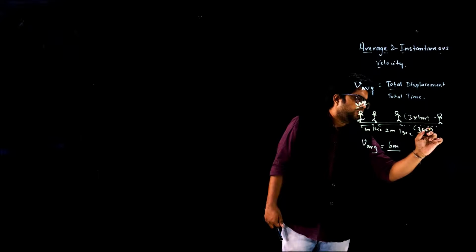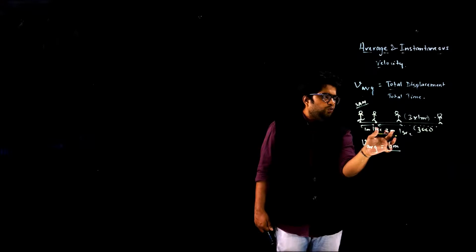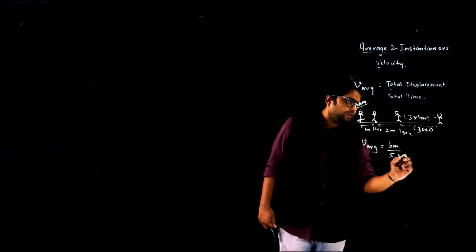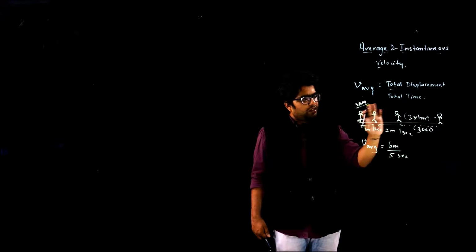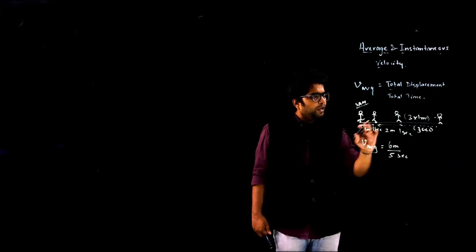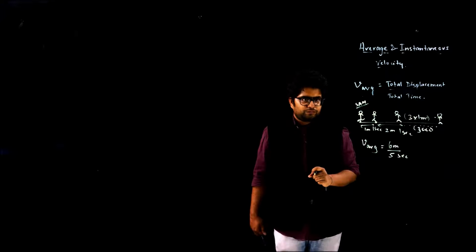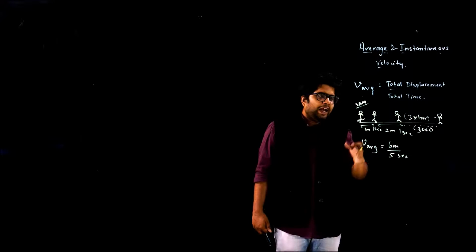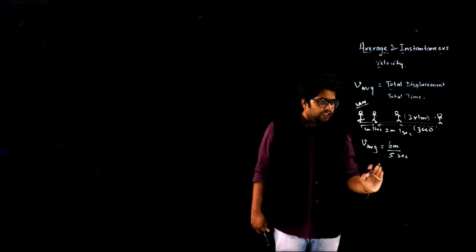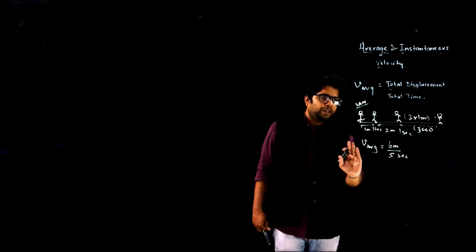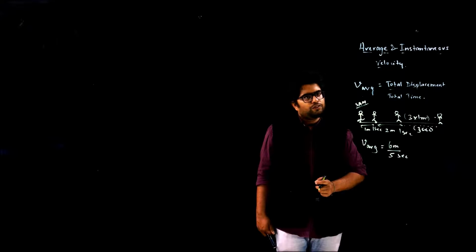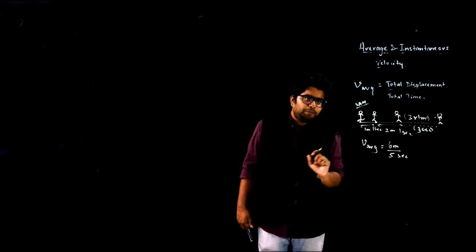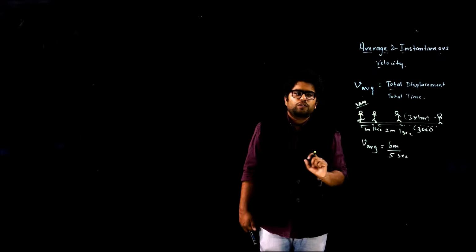So altogether you will get 2 seconds and plus 3, 5 seconds. So total displacement covered was 6 meters. Total time taken was, let's say, 5 seconds. So what we did here, we added all the displacements and all the times and divided displacement by time, and we call it average velocity. So average velocity is total displacement by total time.